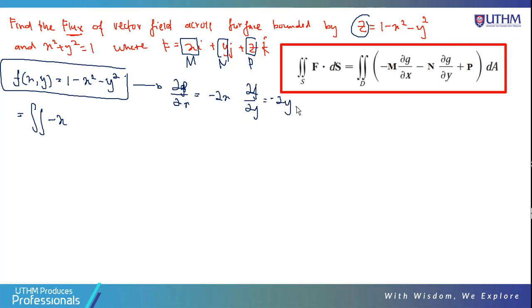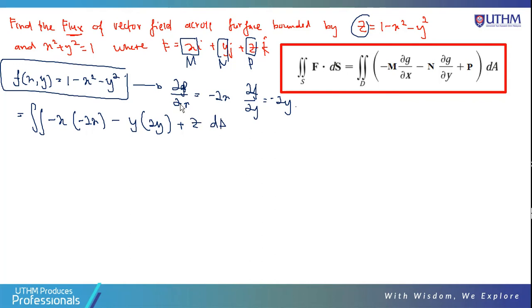Okay, so you substitute negative partial with respect to x, negative 2x, minus n, which is y, multiplied by 2y, and then plus p, which is z, dA. Okay, settled.